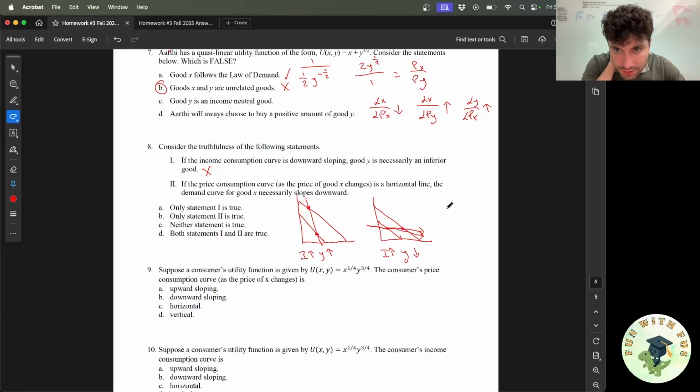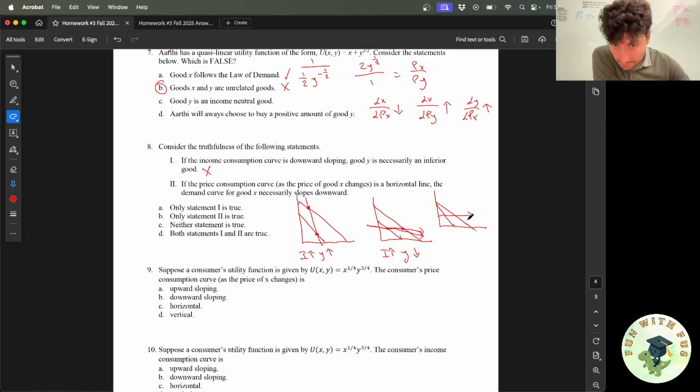But that is not correct because we have mismatching signs here. And for the price consumption curve, if that is a horizontal line, as the price of X changes, I'm going to decrease the price of X, and this is a horizontal line. There you go, that's what that looked like. The demand curve for good X necessarily slopes downward.